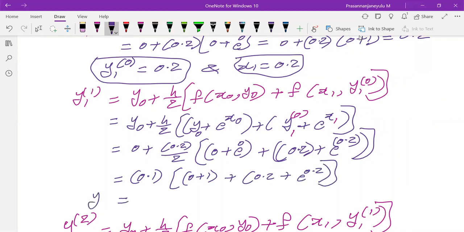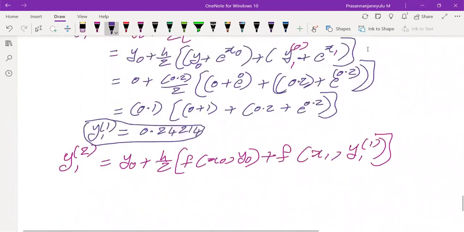Then the first approximation of y1 value will be 0.24214. Okay, so you can take up to 4 decimal places or 5 decimal places.